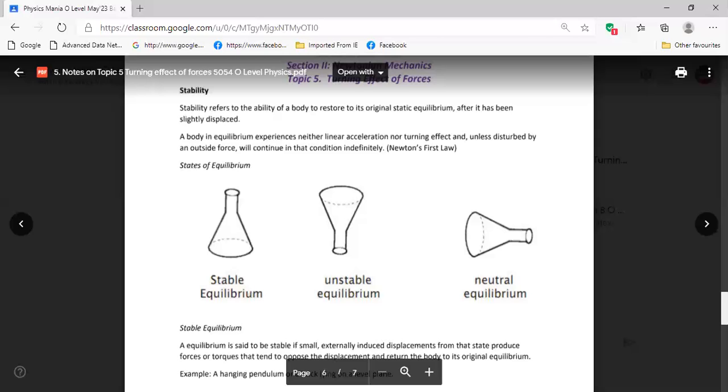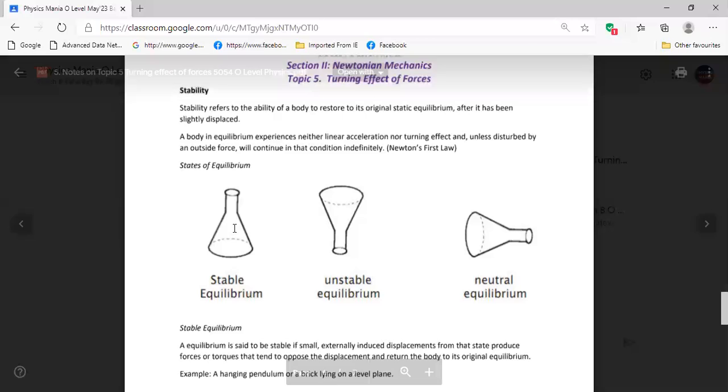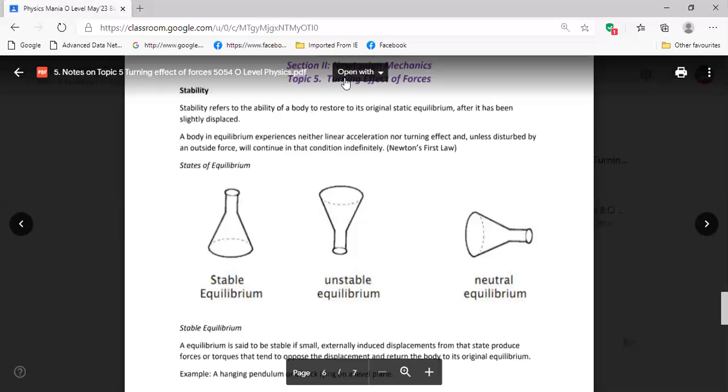Okay, and now the center of gravity. You see here, for the first one, we compare with these two. For these two, if you see, the center of gravity is somewhere here, right?